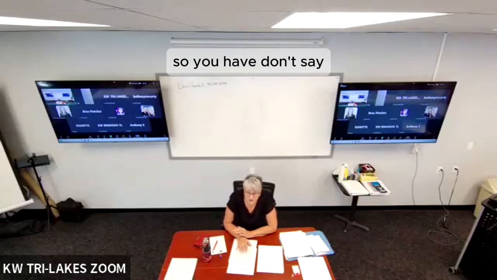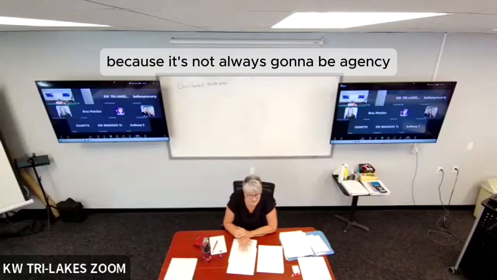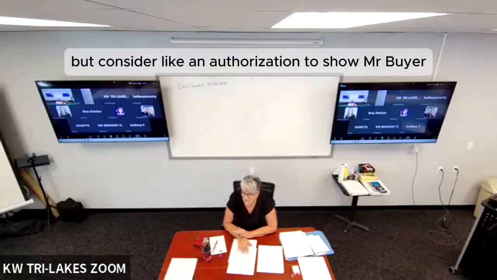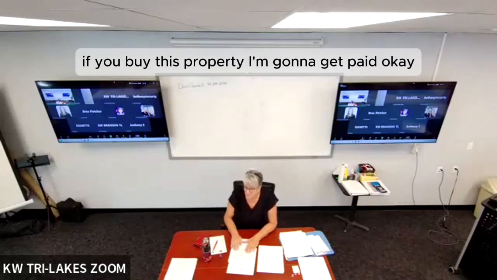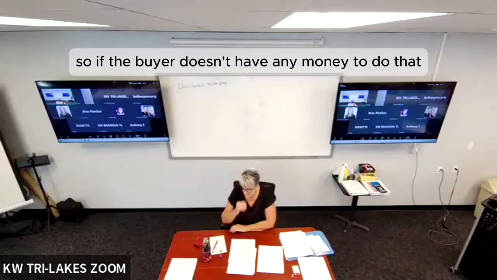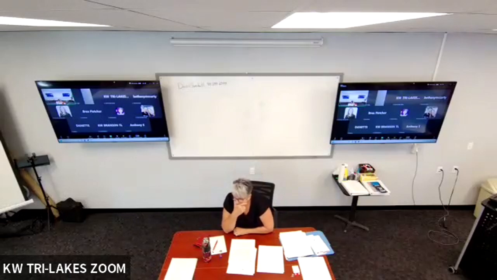Notice I don't call it a buyer's agency because it's not always going to be agency. But consider it like an authorization to show. Mr. Buyer, this is an authorization to show you this property. If you buy this property, I'm going to get paid. Okay, so if the buyer doesn't have any money to do that, in that case you're going to co-broke.